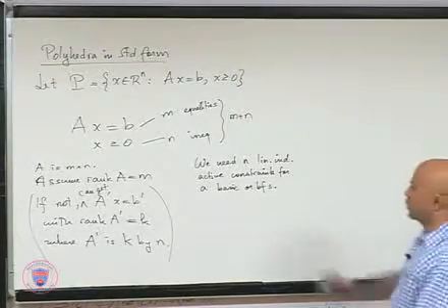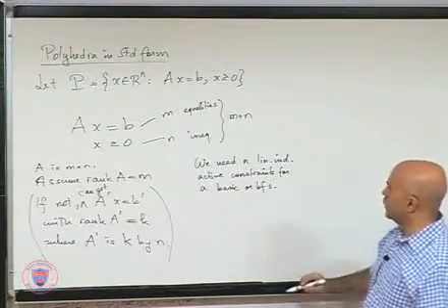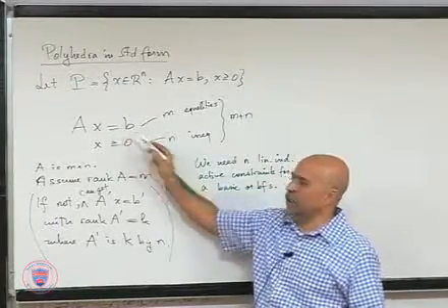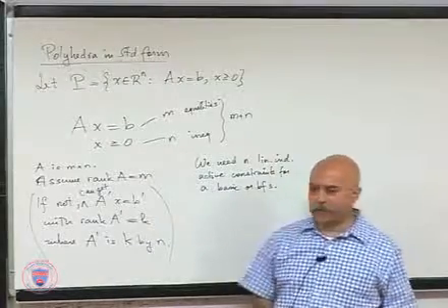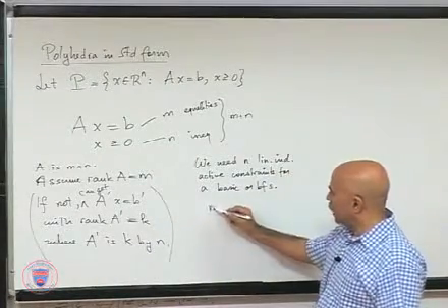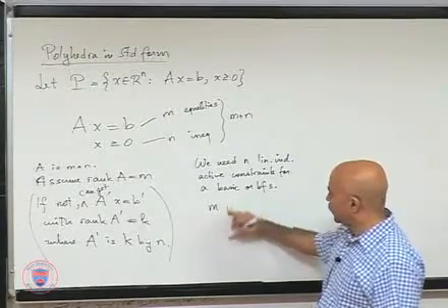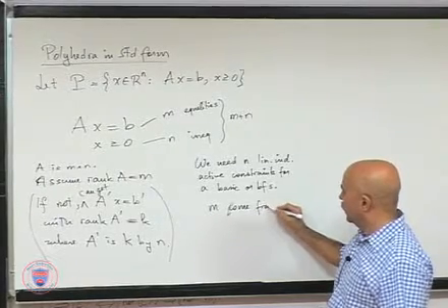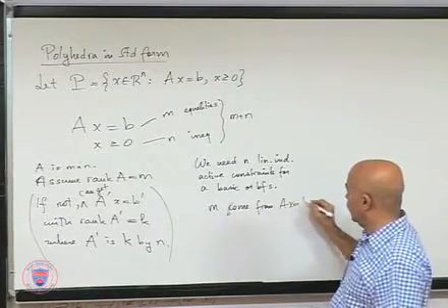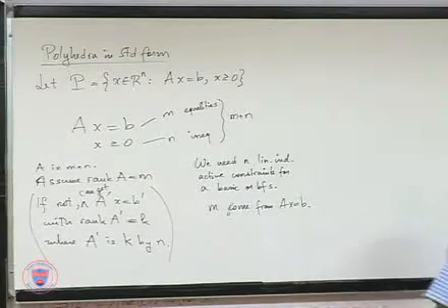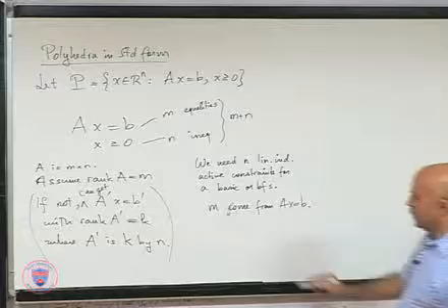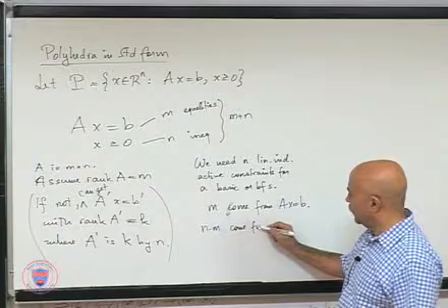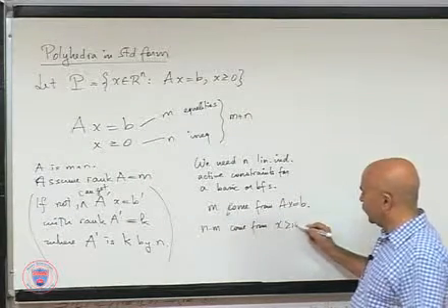Now, those n linearly independent active constraints should surely include Ax equals b, because that's part of the definition. So m of them come from Ax equals b. They must be in your active set. The remaining ones, n minus m, come from the non-negativity part.